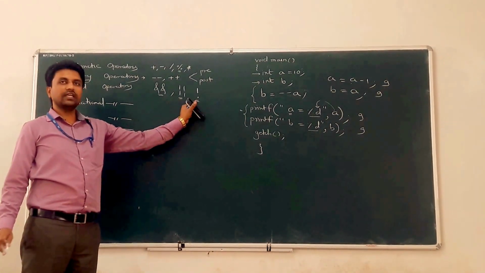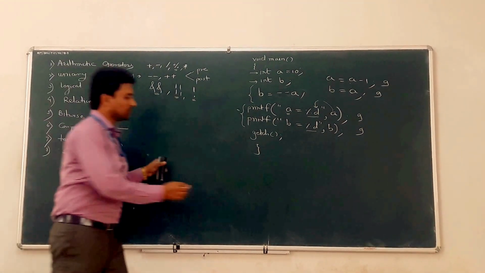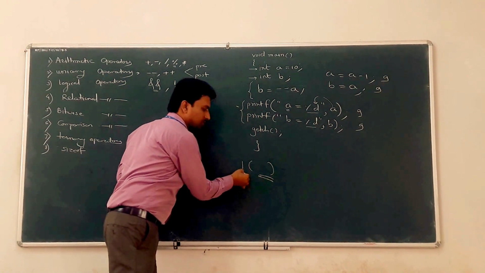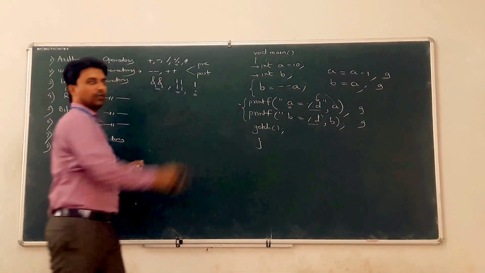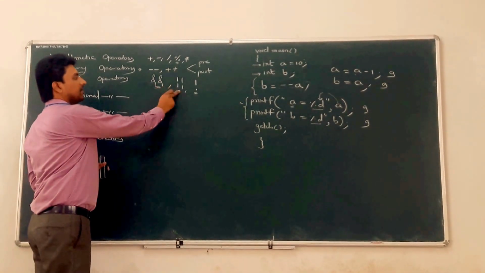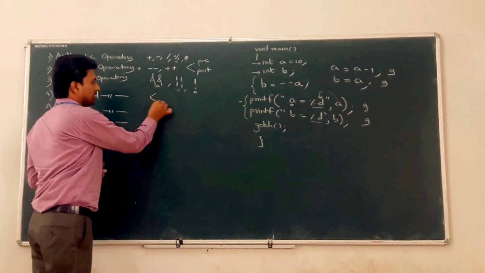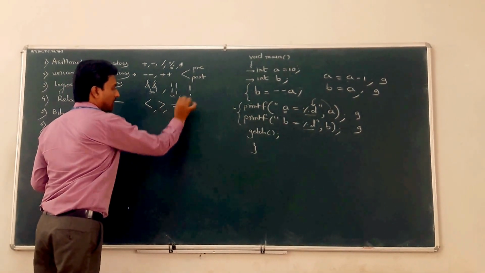Only NOT is unary, which performs negation, whatever the value of the operand may be, so it works on only a single operand. Next, both are binary ones. Relational operators, that is less than, greater than, equal to.